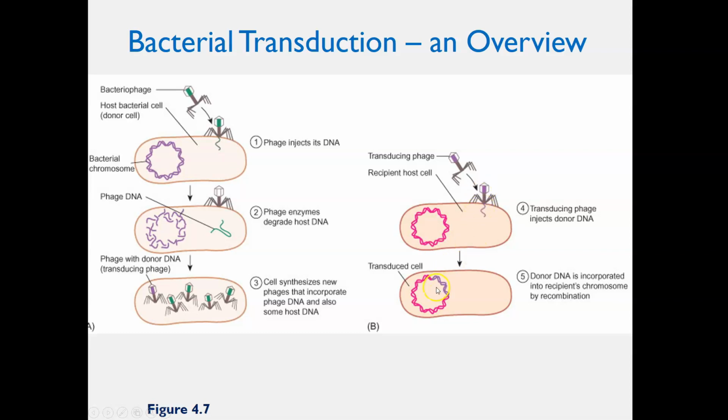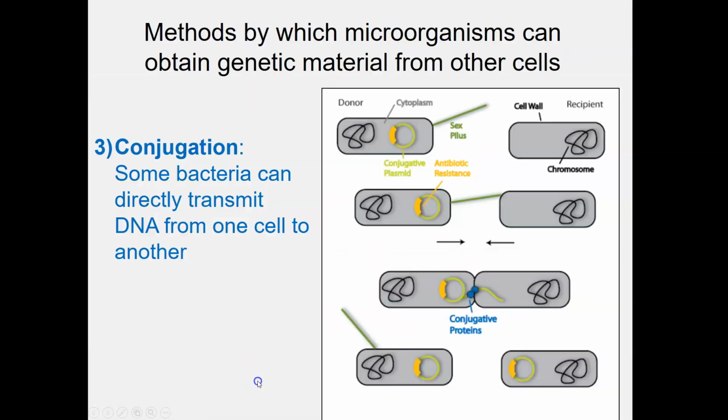And so at that point, it may or may not get integrated into the host chromosome. But again, it's another way of transferring bacterial DNA from one bacteria to another. However, this method is mediated via a virus.